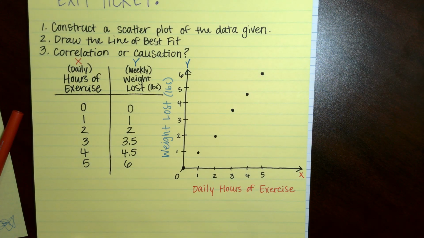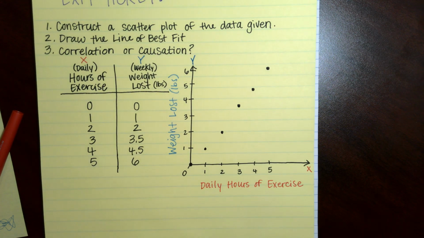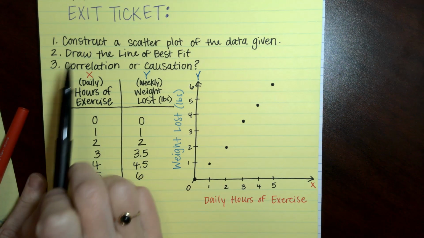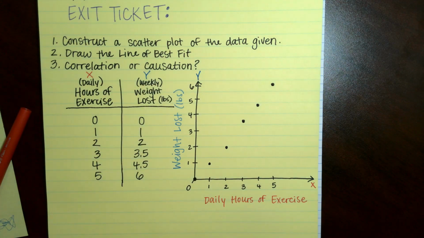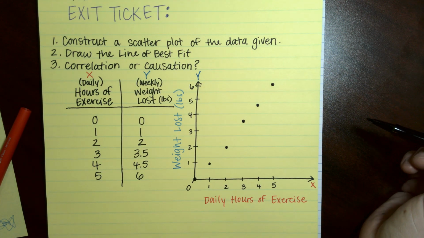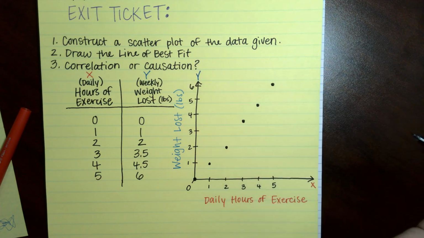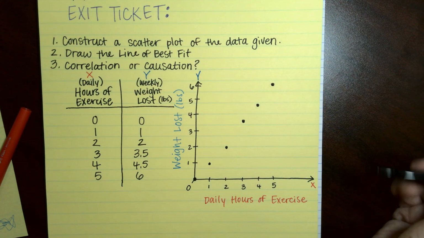Okay, so here's the data that I ended up plotting on our scatter plot. So what I really want you to do is to draw the line of best fit. Tell me if there's correlation or causation.